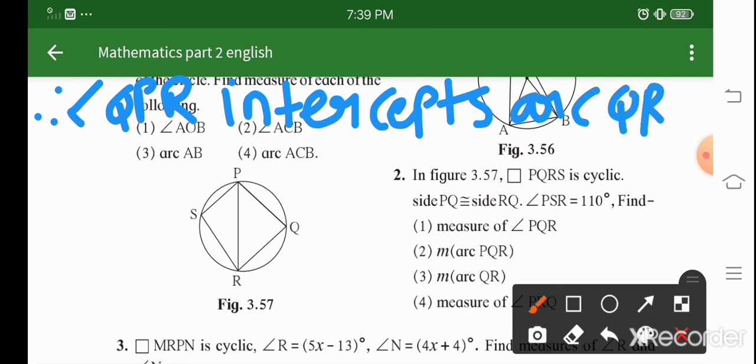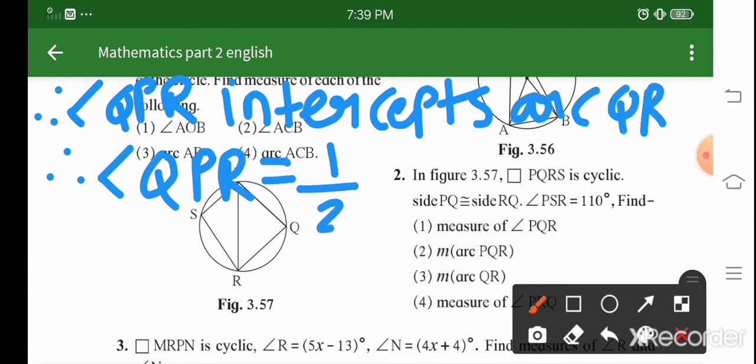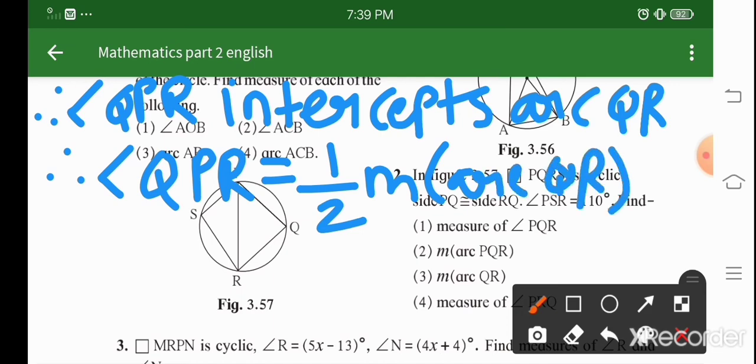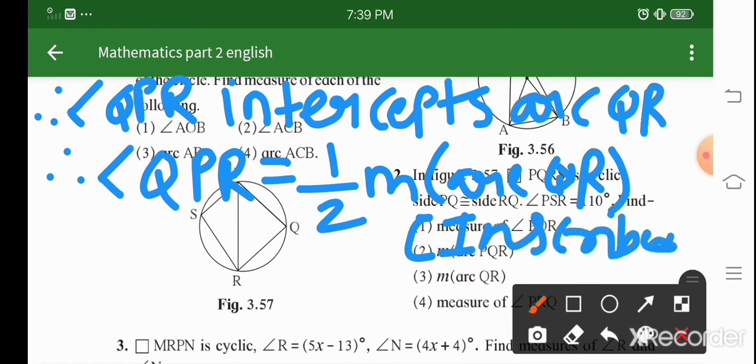Which arc? QR. So therefore angle QPR is equal to half of the major arc QR. So from where did you get this? The inscribed angle theorem you have to use over here.